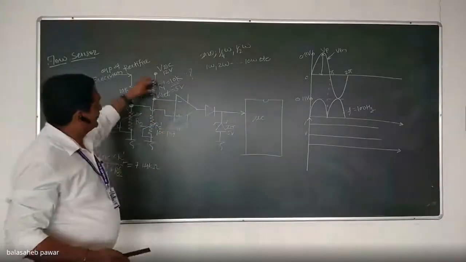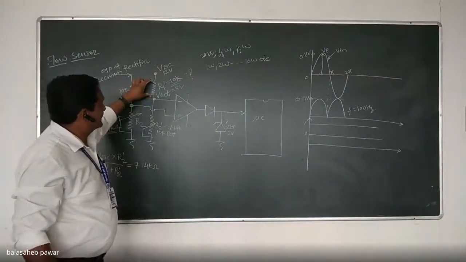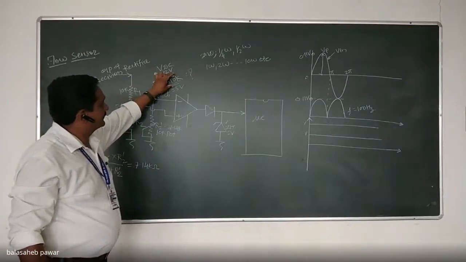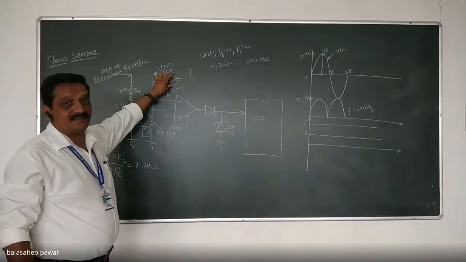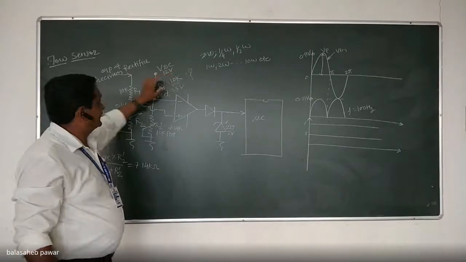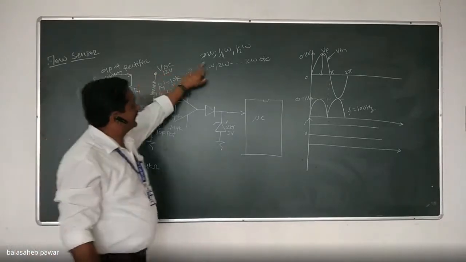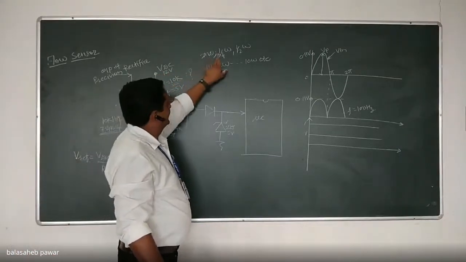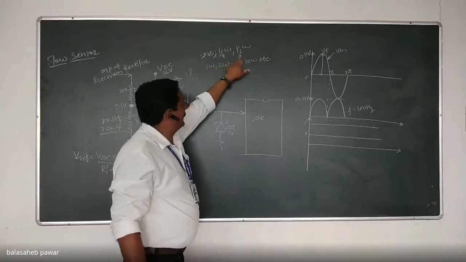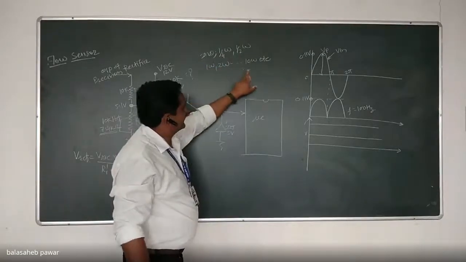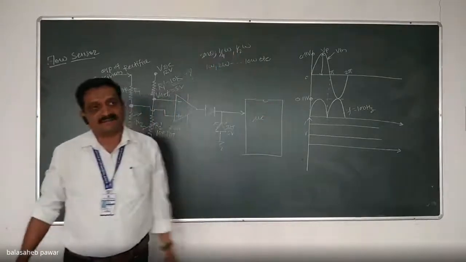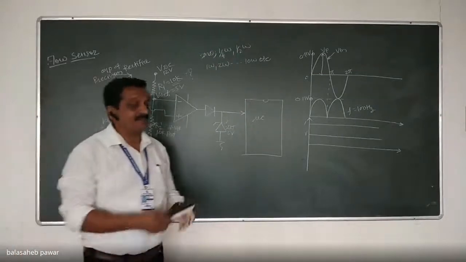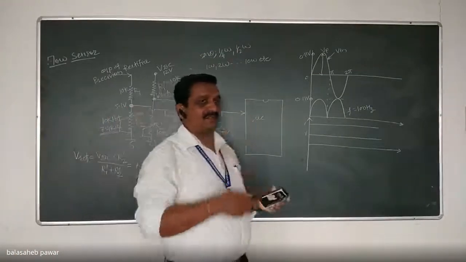For example, this R1 dash, I suggested take it as 10K, but what about its wattage, power handling capacity? This 10 kilo ohm will be available in SMD, quarter watt, half watt, 1 watt, 2 watt, 10 watts, like this. Or even wire wound, rheostat and all that.